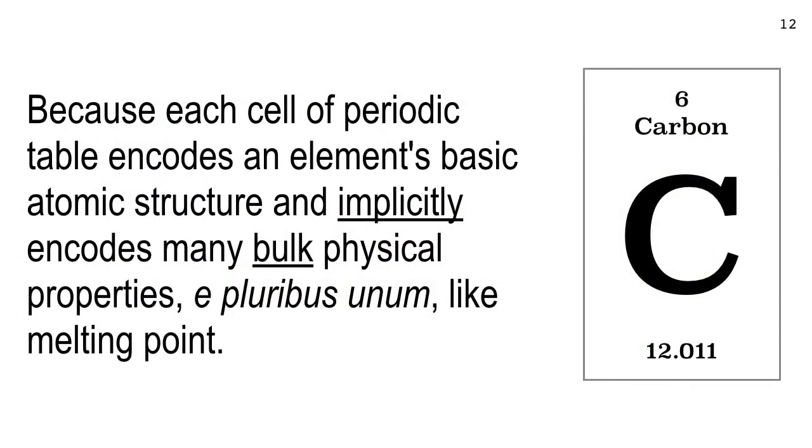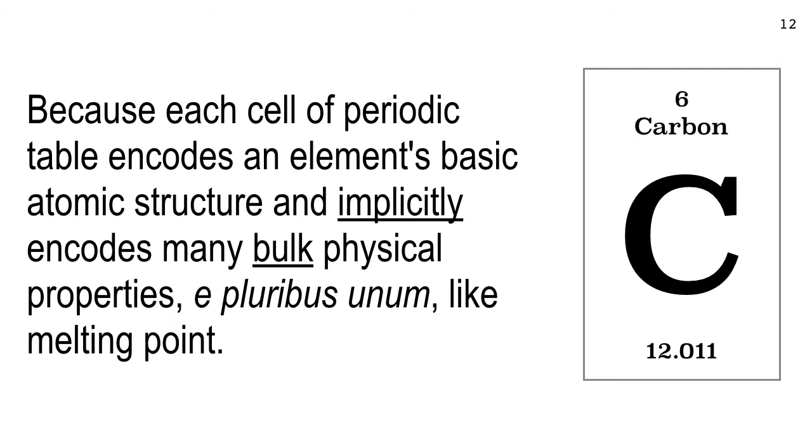The periodic table is important because every cell, like this one, encodes the basic structure of the element. So the element carbon, very plentiful on the surface of the Earth, has its structure encoded here.